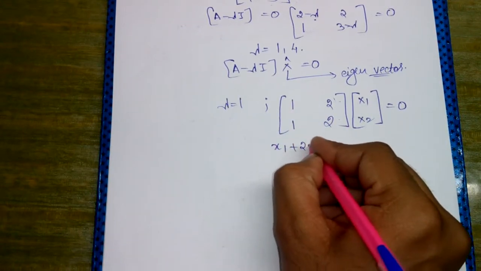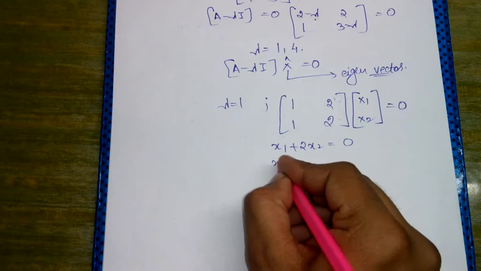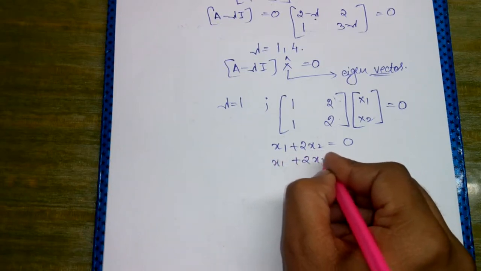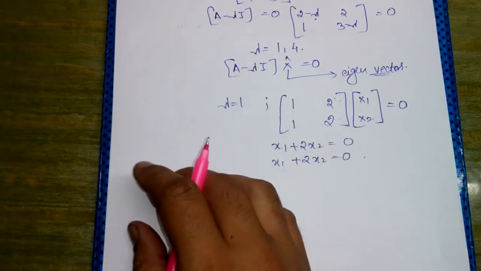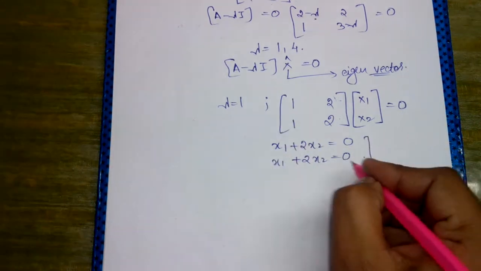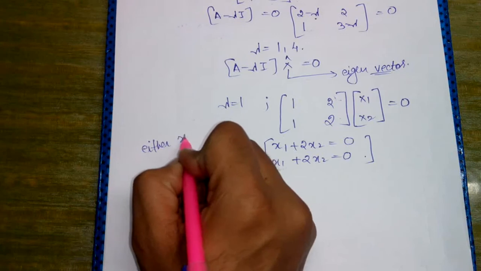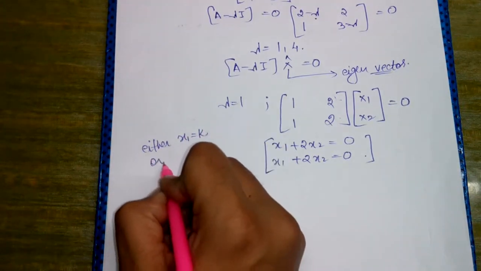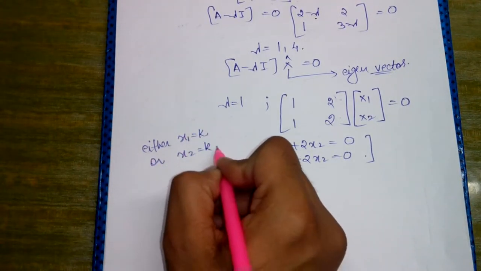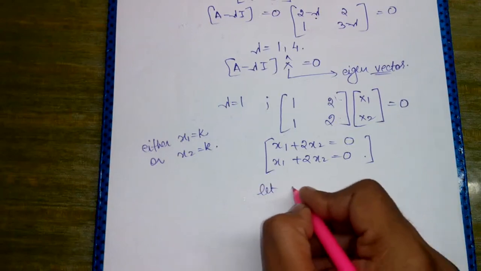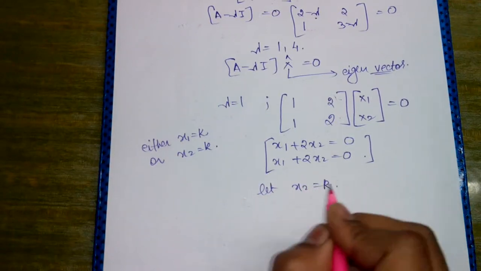So if we multiply, x1 plus 2x2 equals 0. Okay, so in such a case we will assume either x1 equals k or x2 equals k. Let x2 equals k.